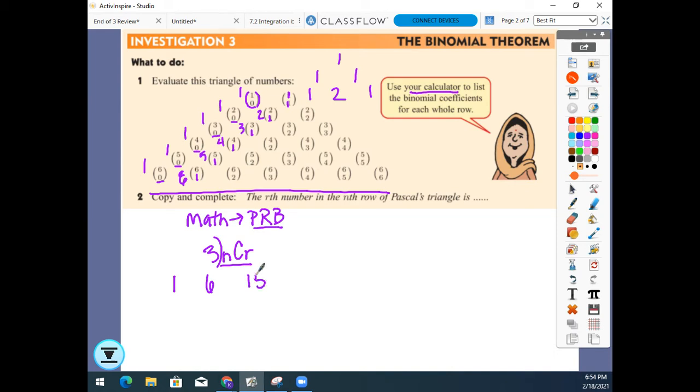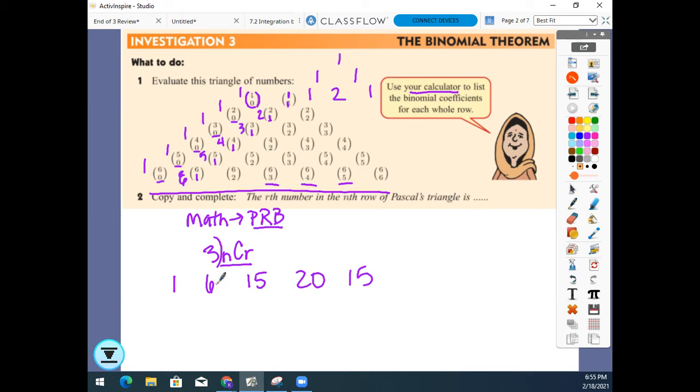6 choose 2 is 15. 6 choose 3. And you know what? If you use your up arrow rather than redoing it every single time, use your up arrow and highlight the nCr 2 and hit enter. It brings it down and you can just change it to 3. 6 choose 4. Understanding how to use your calculator is kind of important. 6 choose 5.